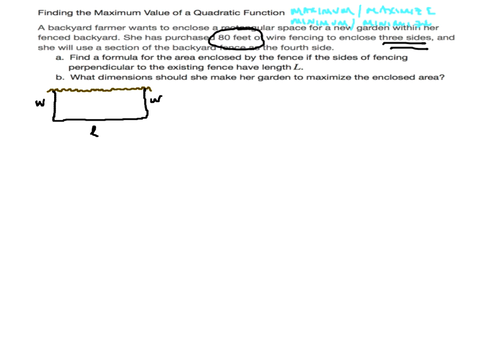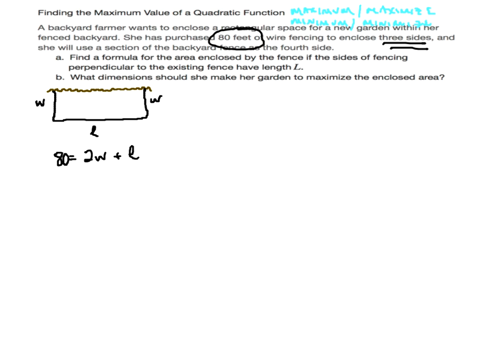Well, what we're talking about when we're fencing in an area is perimeter. Now notice this isn't 2W plus 2L because we don't have 2 lengths. We've only got 2 widths and 1 length. So what I know from this information is that 80 has to equal 2 times my width plus 1 length.